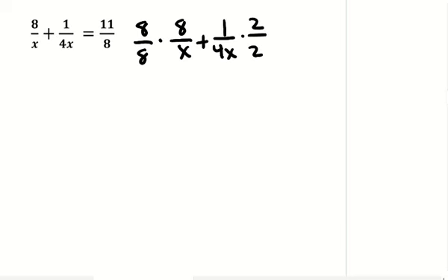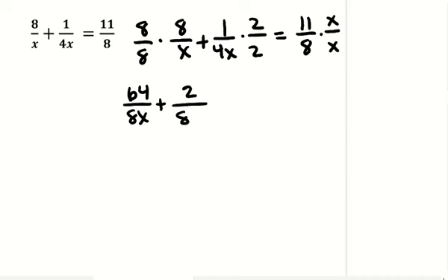I don't want to change it, so I multiply by 1. And 11 eighths, 8 is missing that x. Okay, so I do a little bit of that. And I'm going to say that now I have 64 over 8x plus 2 over 8x is equal to 11x over 8x.